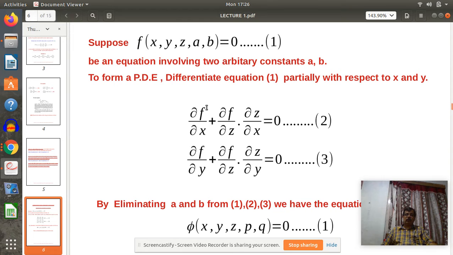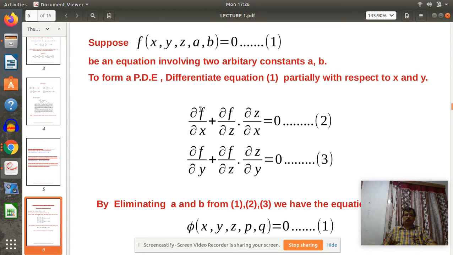So dou f by dou x plus dou f by dou z into dou z by dou x equal to 0. Here y, a, b are independent of x, so we neglect them. While differentiating by applying the function of a function rule, we have to consider x and z.